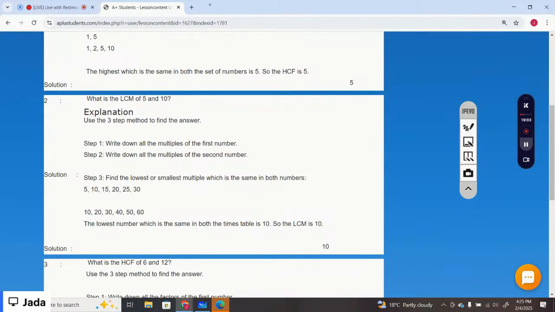What is the LCM of 5 and 10? For the LCM, you have to write down the multiples of the first and second number.